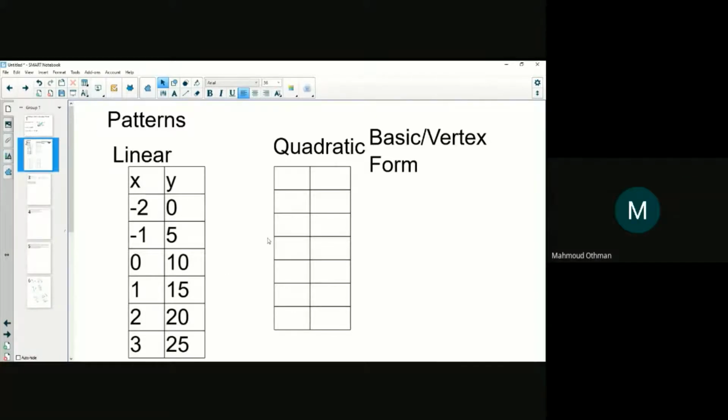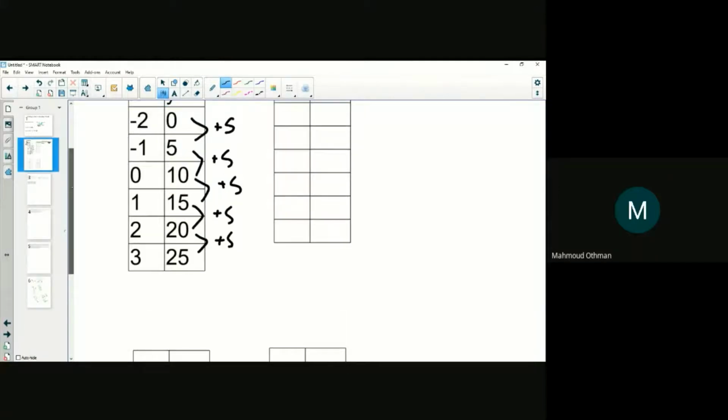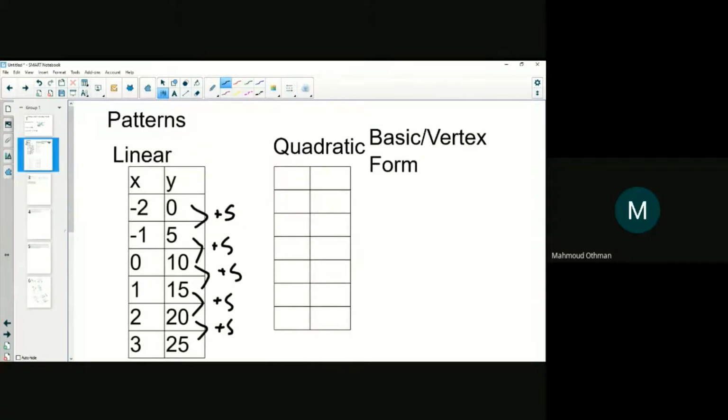So for me to get from 0 to 5, I have to add 5. 5 to 10, plus 5. 10 to 15, plus 5. 15 to 20, plus 5, 20 to 25, plus 5. Linear patterns have that same pattern where you add the same amount each time.